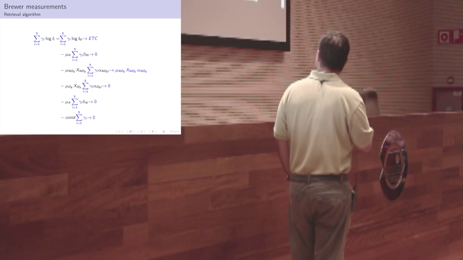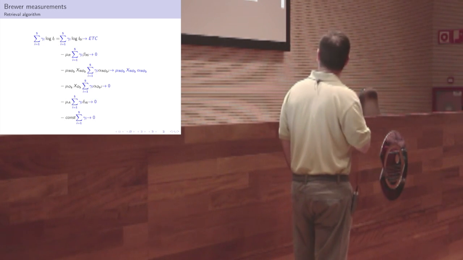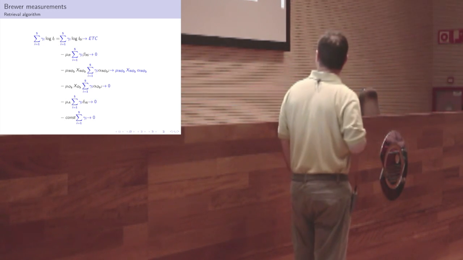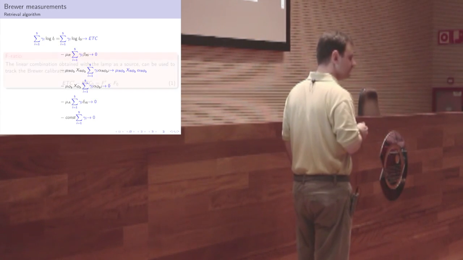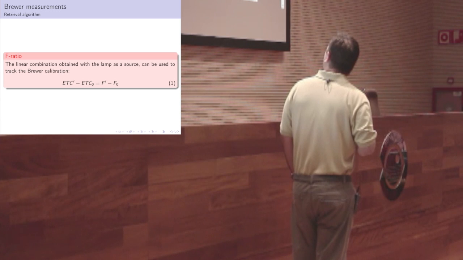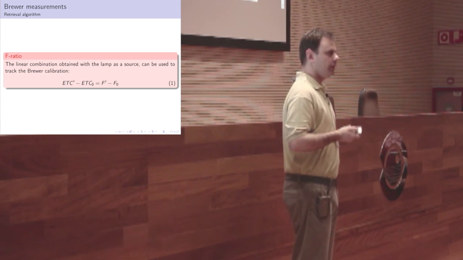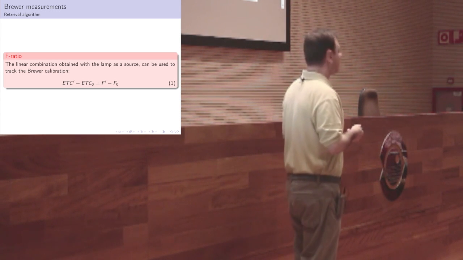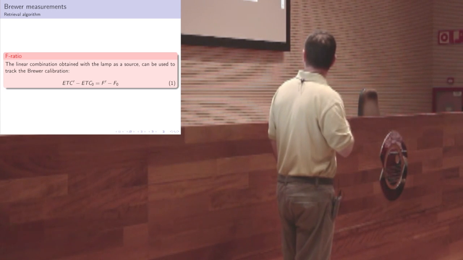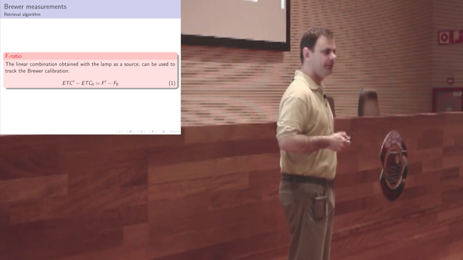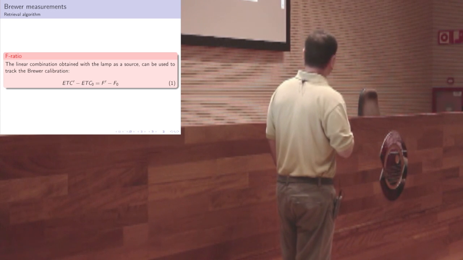And you only remain with the nitrogen dioxide term, the extraterrestrial term, and the measured intensity, the linear combination of the measured intensities. And similarly to the ozone measurements, you can even correct the ETC constants using the ratio obtained with the lamp. It is called F ratio.